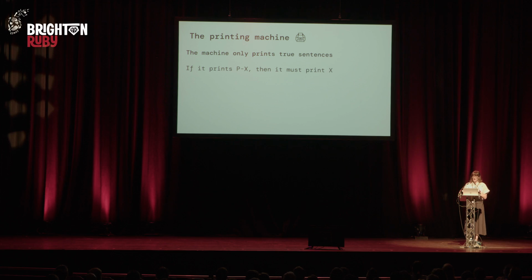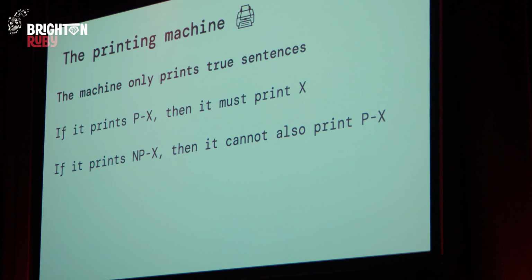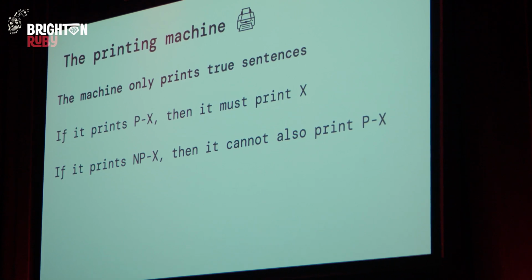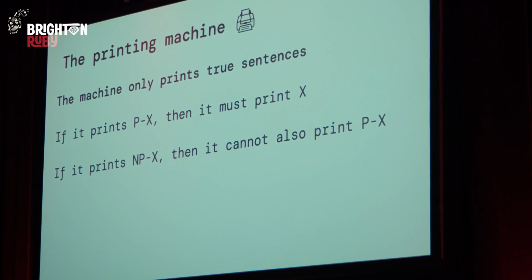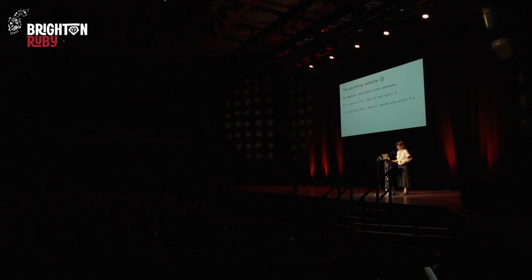If the machine prints P-X, then it must print X, because if X were not printable, that statement wouldn't be true, and we know that our machine is 100% accurate. And also, if it prints P-X, then it cannot print P-ish, because that would mean that X is printable and not printable, and that would be a contradiction, so that cannot happen.